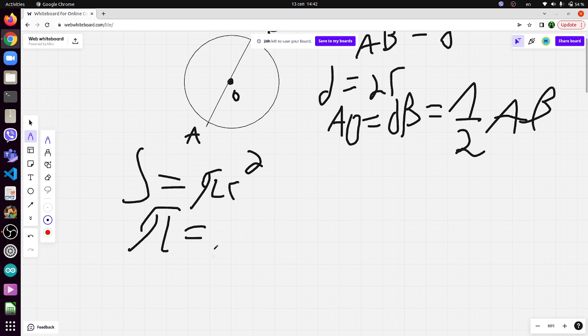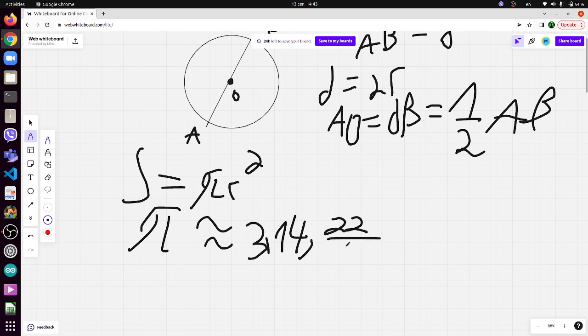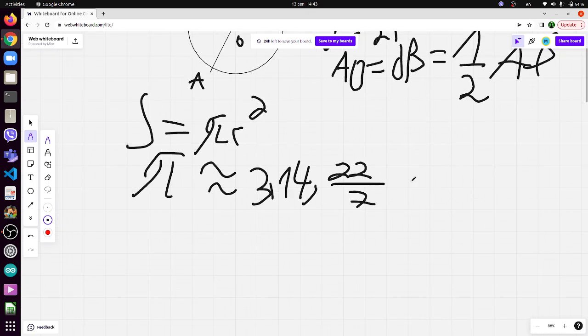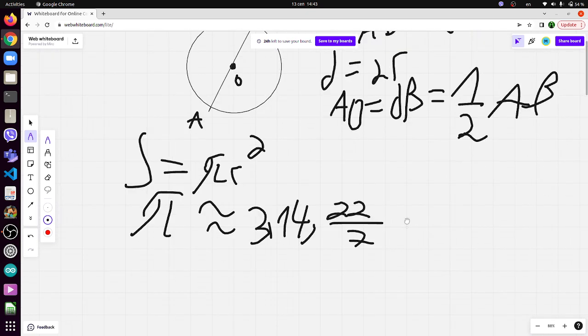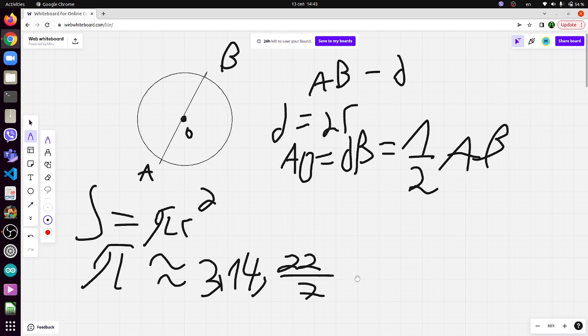It is approximately 3.14, which is approximately 22/7. We use pi for finding the area of the circle, where r is the radius.